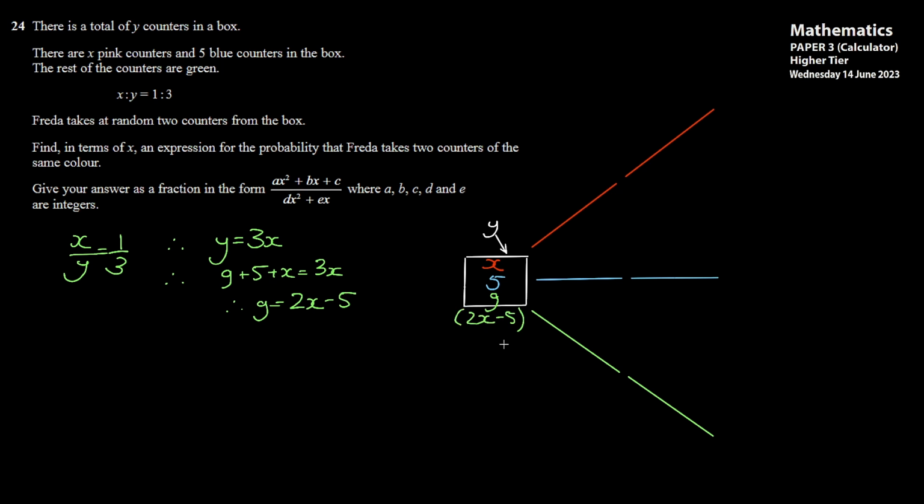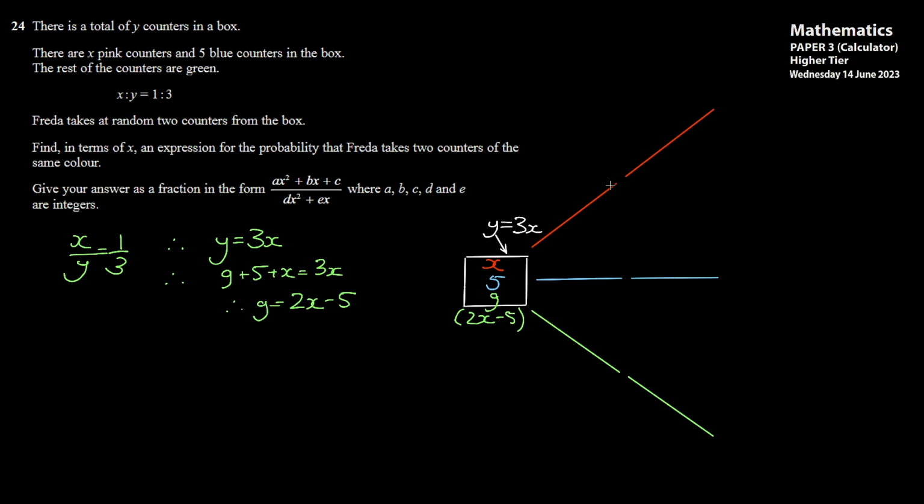So adding that to my tree, now we can work out the probability as we go along: pink, pink, blue, blue, green, green. And if you notice, I've put on the diagram that y is equal to 3x, because we don't really want y, because your answer does not contain y. So we really don't want to even work with y.